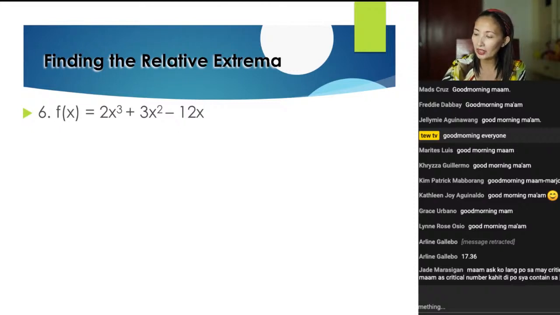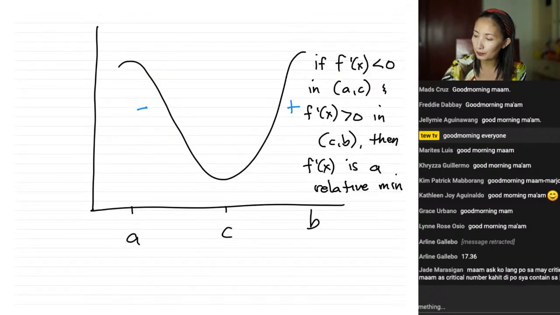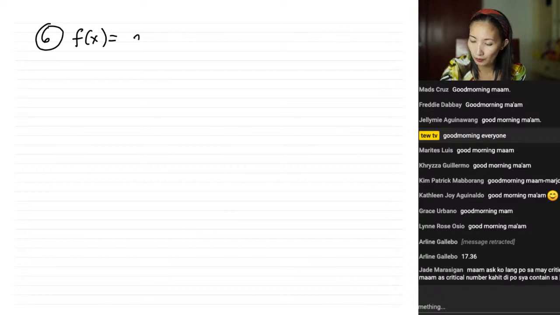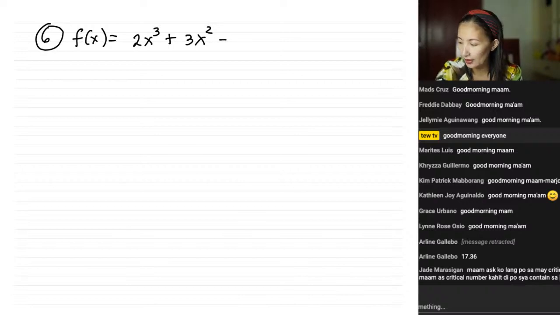Find the relative extrema of the function f of x equal to 2x cubed plus 3x squared minus 12x.